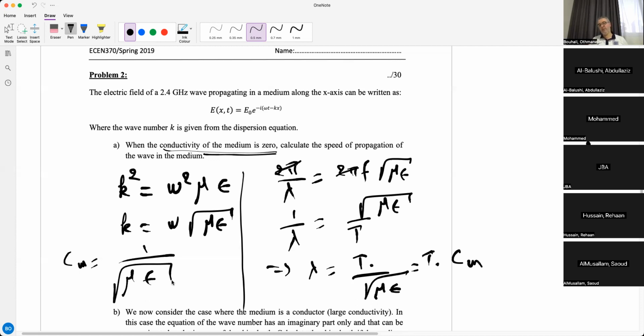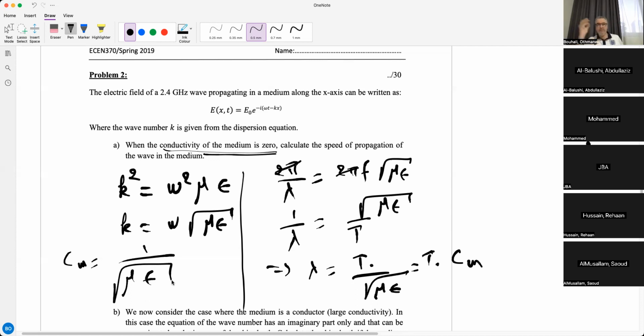In this specific exam, I told them to use the permittivity and permeability of free space, which is not correct, but I just wanted to make it simple.